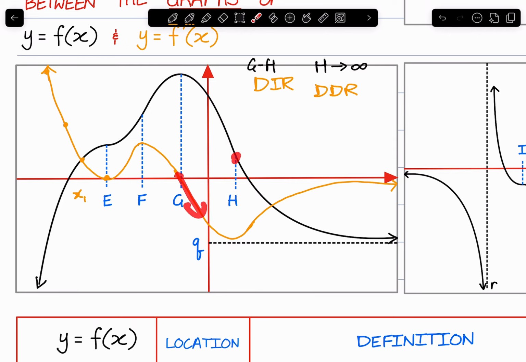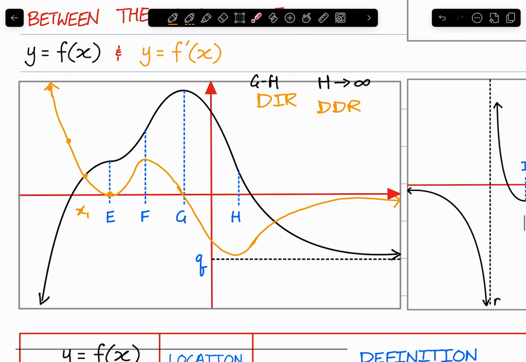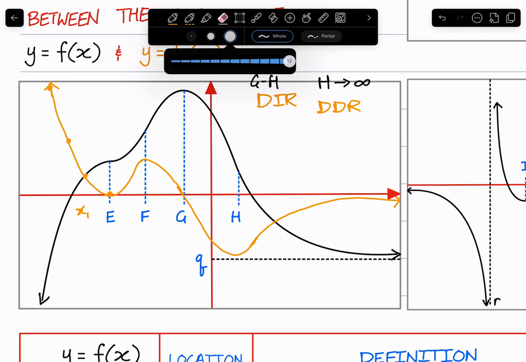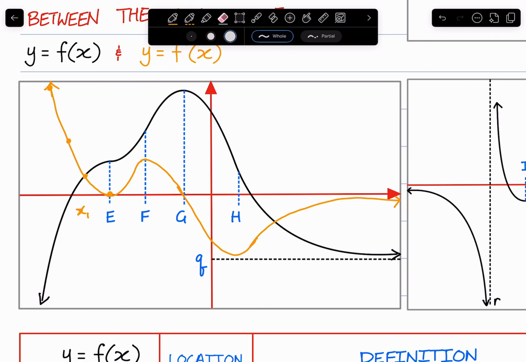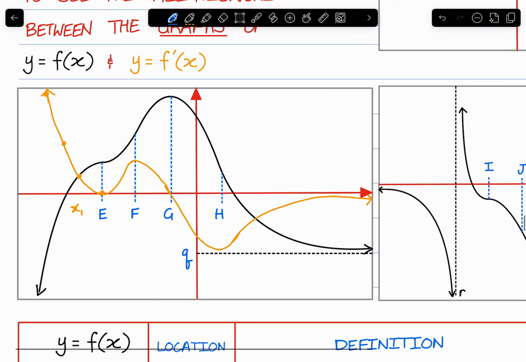And H is the steepest it's going to get. There should be a point that it turned. And then from H onwards, it is approaching a stationary point. This is approaching zero as its gradient. That is what this gradient function should look like.